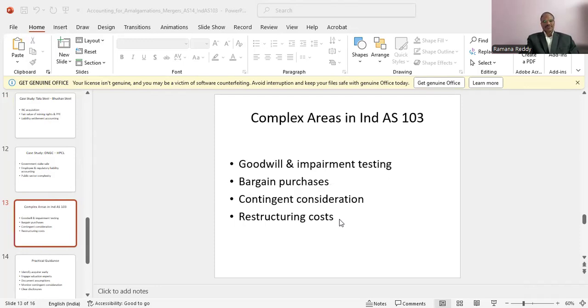Restructuring costs cannot be recognized at acquisition unless a pre-existing obligation exists.